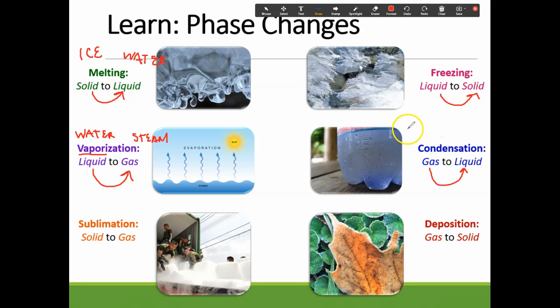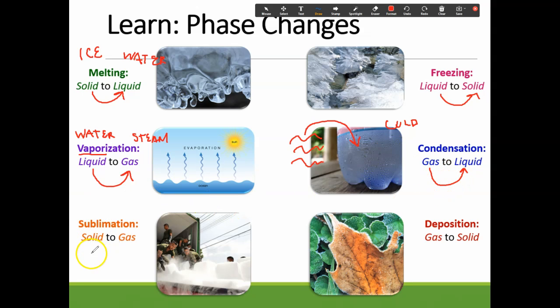For example, outside on a hot day, the gas is very hot. So here's my hot gas. But if I have a cold drink here, then that gas is going to come over to this cold drink, and as it cools down, it's going to turn back into a liquid, which is why you get liquid drops on the outside of your cup. That is called condensation.